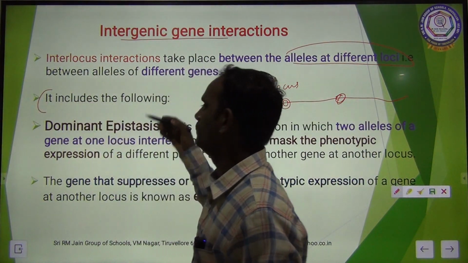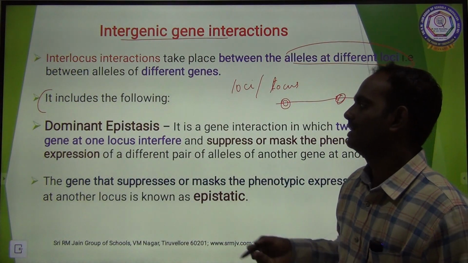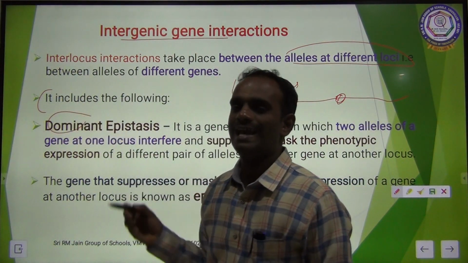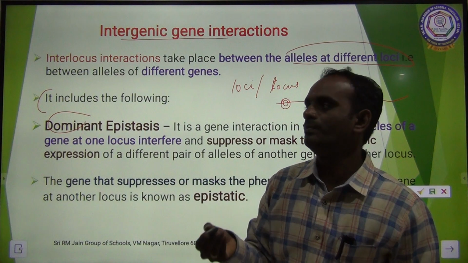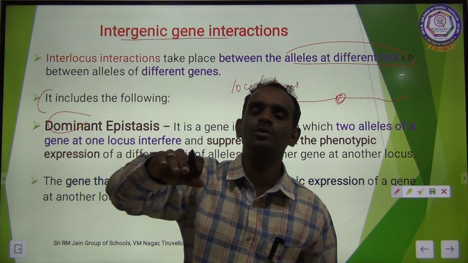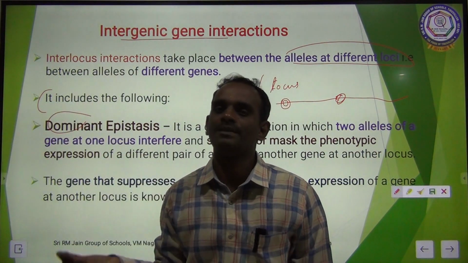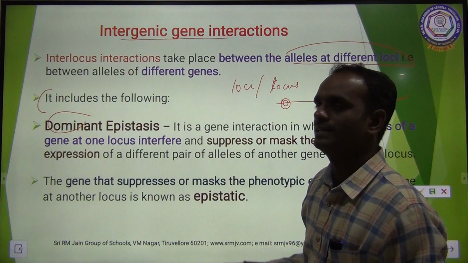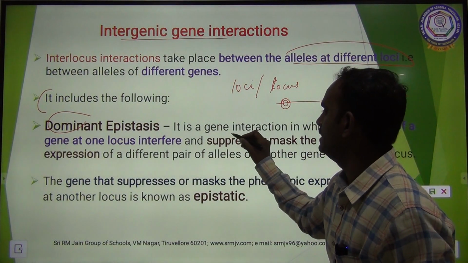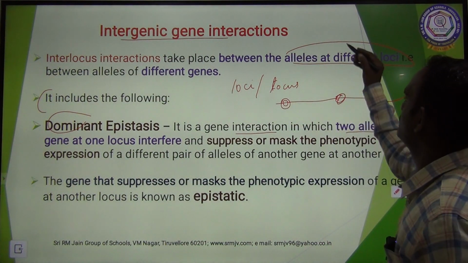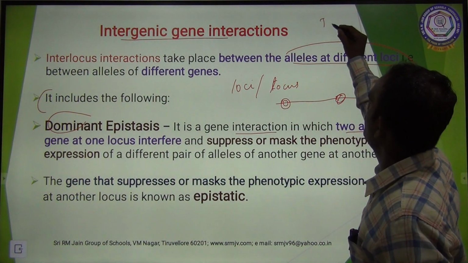This includes the following. The first one is dominant epistasis. What is the meaning of dominant? As I said previously, dominant means one who dominates the other. One boy is dominating the other. So, dominant epistasis is a gene interaction in which two alleles of a gene, see here, capital T, small t.